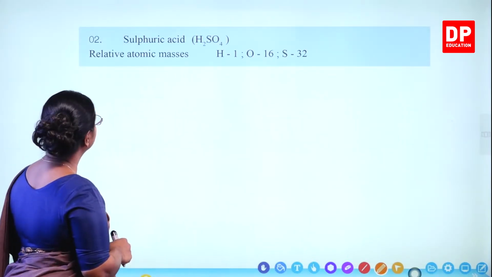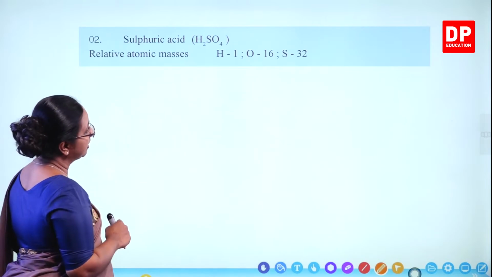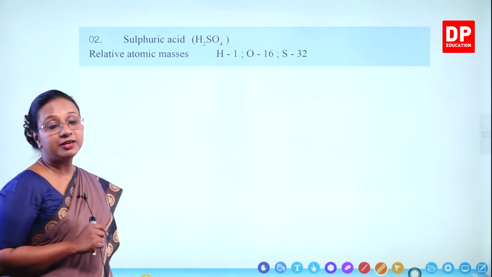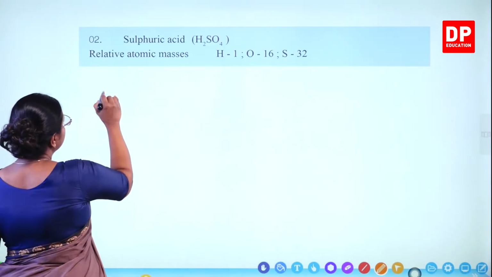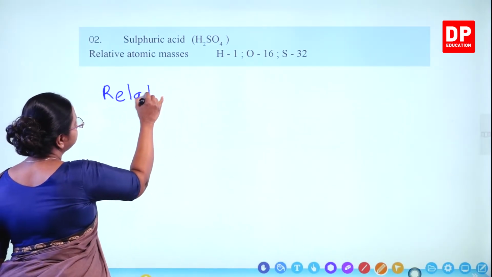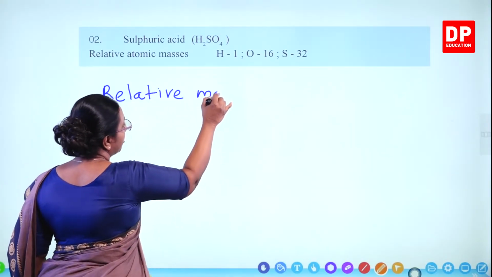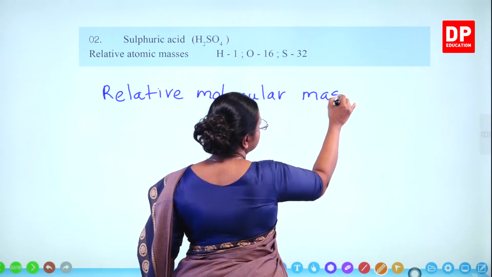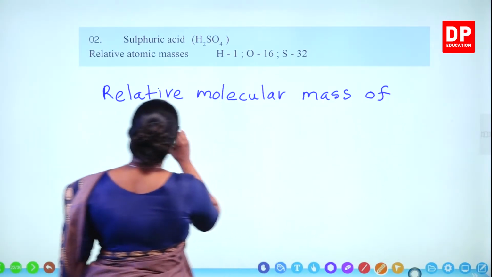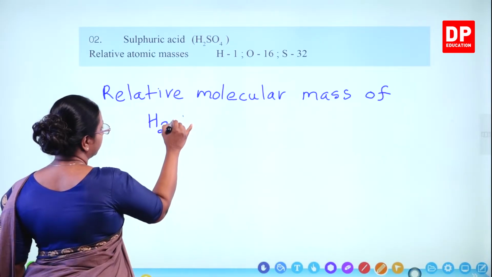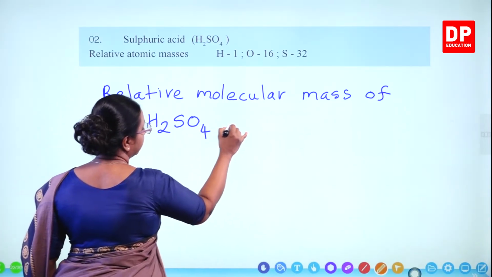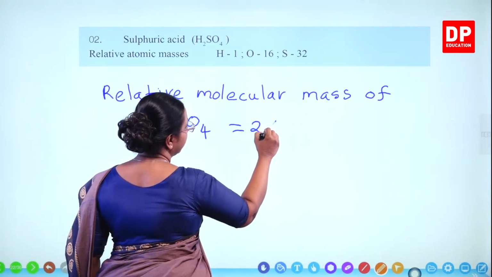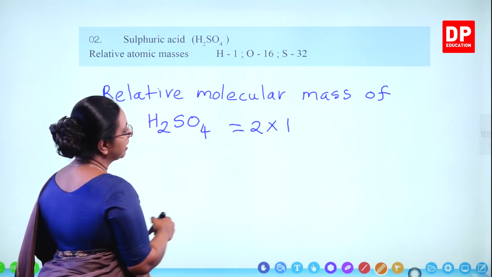Sulfuric acid, H2SO4. So relative atomic masses are given: hydrogen 1, oxygen 16, sulfur 32. So relative molecular mass of H2SO4, that is sulfuric acid. What is that going to be? There are 2 hydrogens. So 2 into relative atomic mass 1.